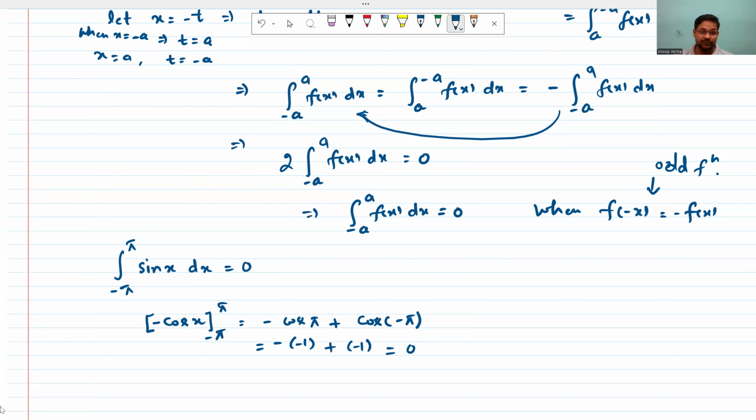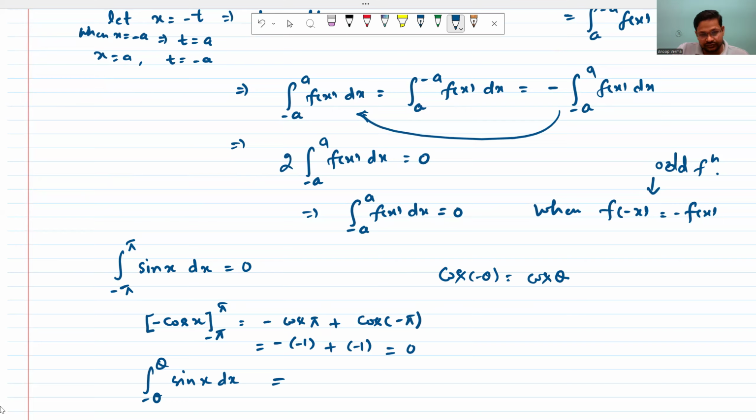One thing we also know is that whatever the value is here, it doesn't matter. You know that cos of minus theta is just equal to cos theta. So if you have some angle, suppose minus theta to theta, and you want to know the value of it, definitely this value will be equal to 0. It's no doubt, because we have proved it.